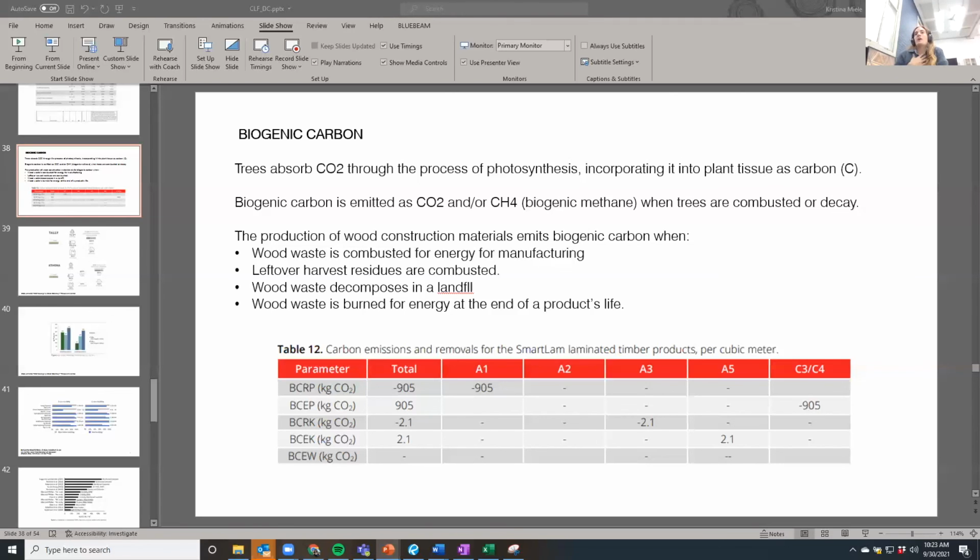In the design industry, we don't have PhDs in forestry, so we don't know all the nuances of forestry practices, but how are we at least asking the right questions so that we understand impacts on biogenic carbon is kind of the point.